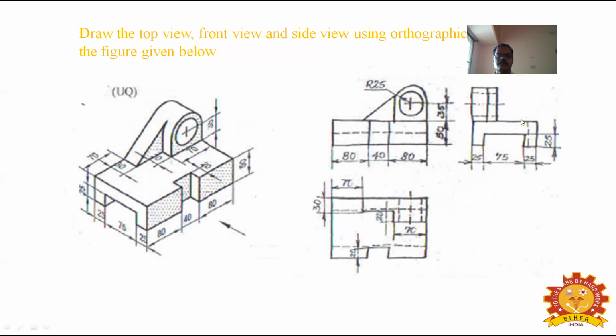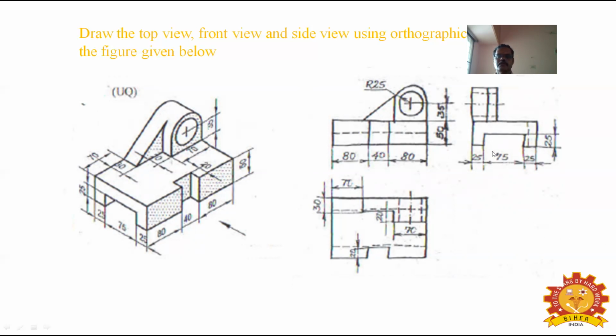Okay. So every hidden line and the dimension you have to mark. Finally you mark all the dimensions: 30, 70, the overall dimension 80, 40, 80, and 30, 50. Everything you have to mark. Diameter 50 and 35.